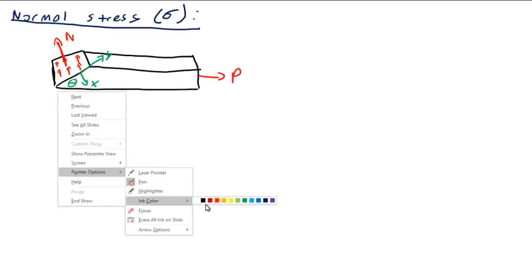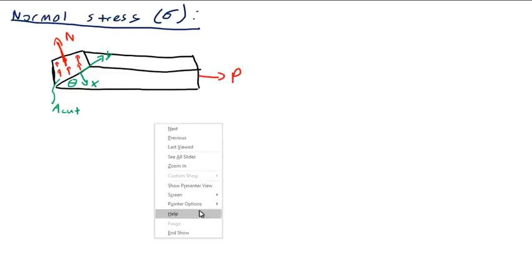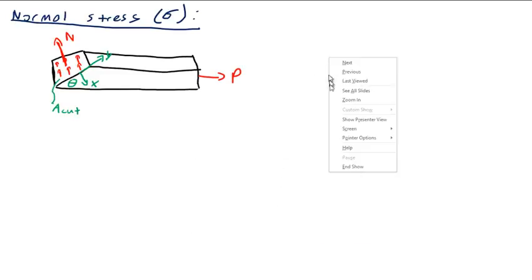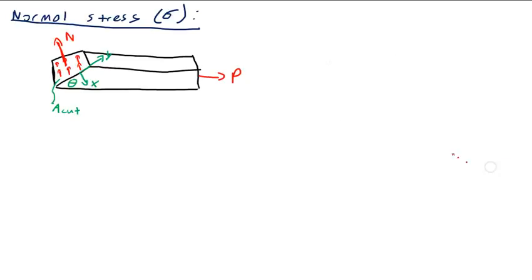Now the cut will have an area, say A cut. And then a definition of sigma that I can give is sigma is equal to N over the area of the cut: N divided by the area of the cut.